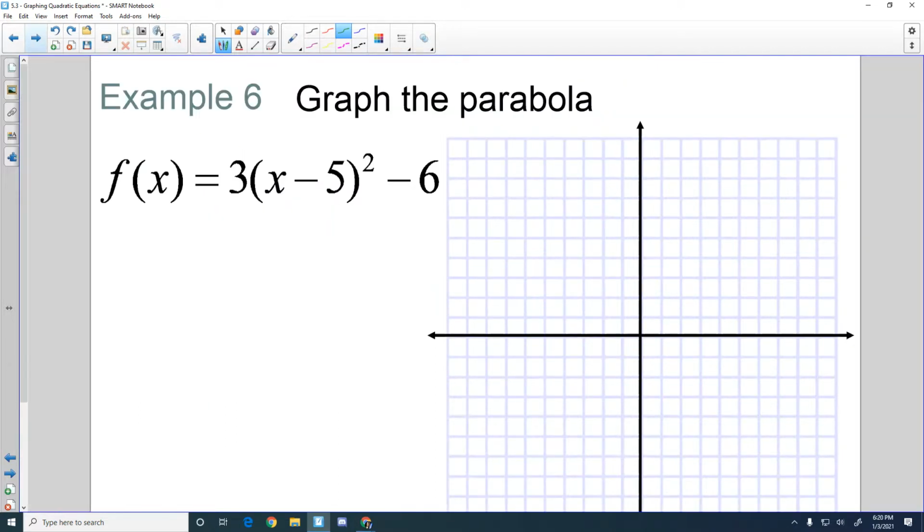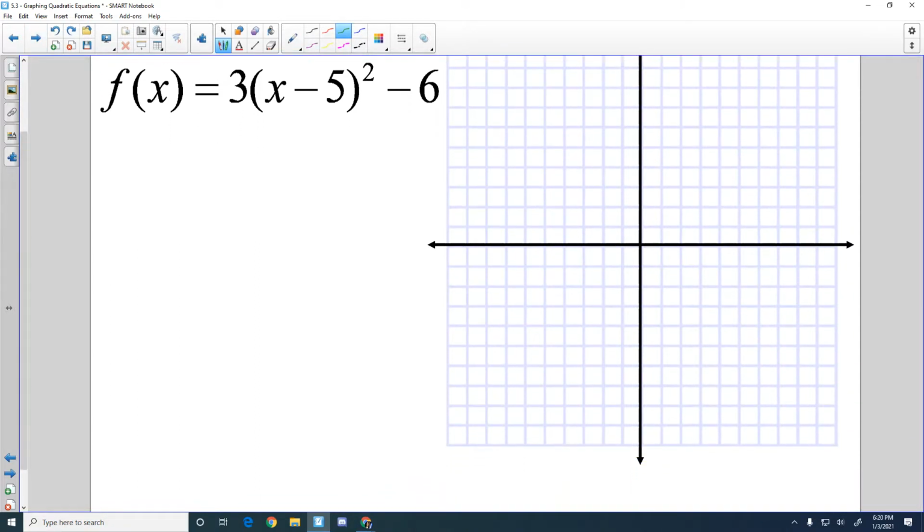Last one. All right, graph the parabola. So same thing. This is in vertex form. So I already know the axis of symmetry is at +5, right? I flip the sign in the middle. So I'm going to go right 1, 2, 3, 4, 5 and draw this vertical line of symmetry.